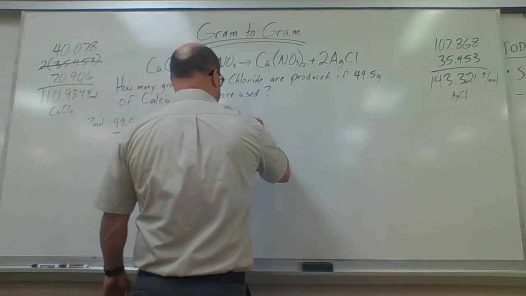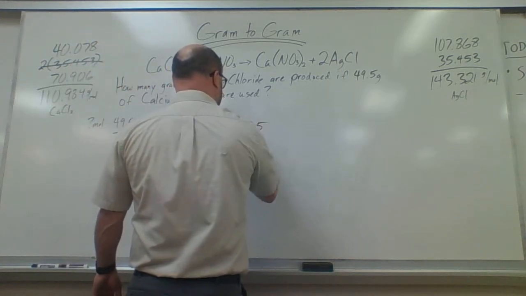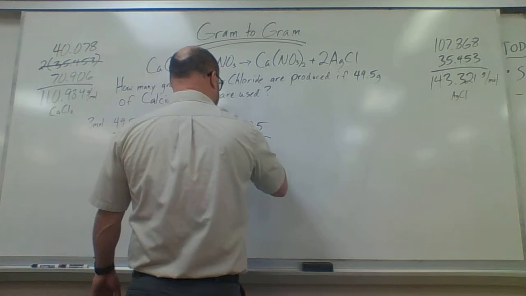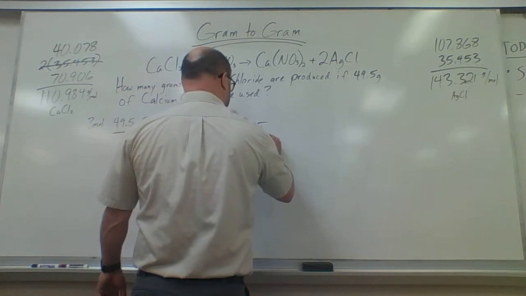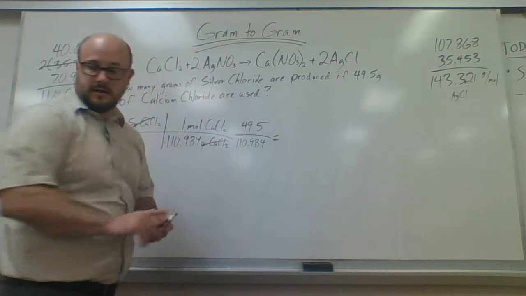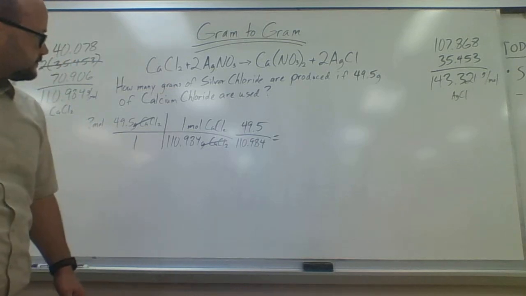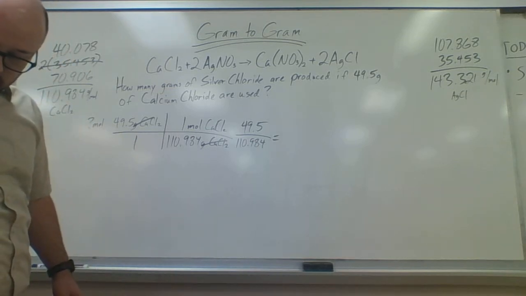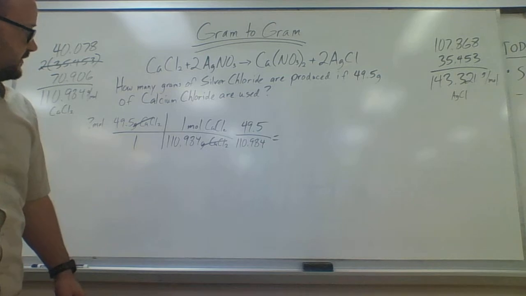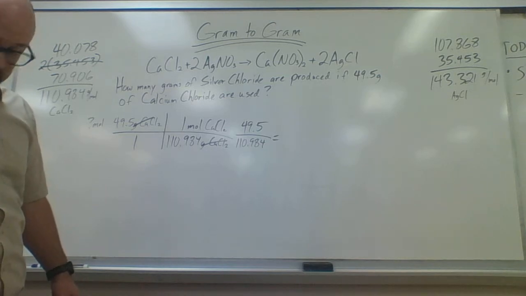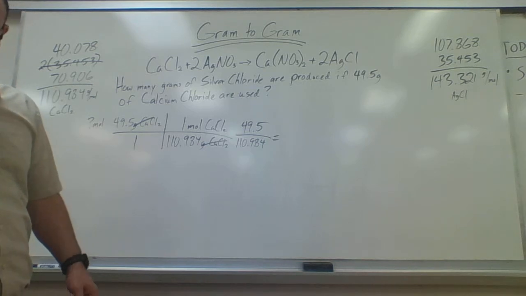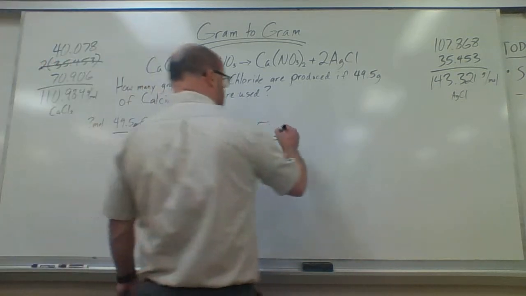So we get 49.5 over 110.984. And if we divide that out, 49.5 divided by 110.984. That's 0.44601.